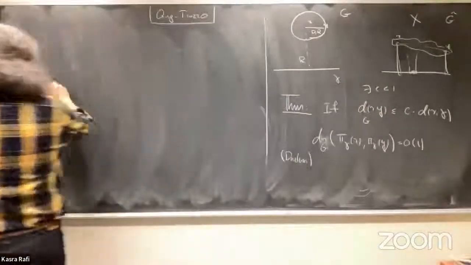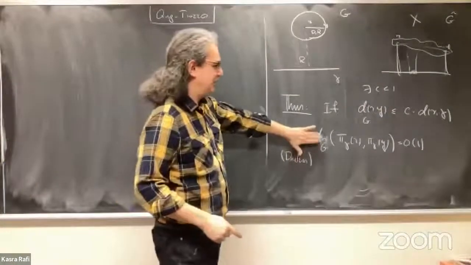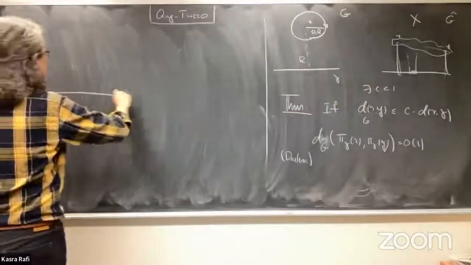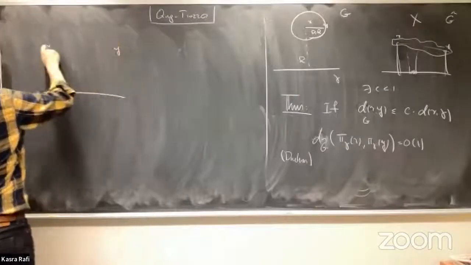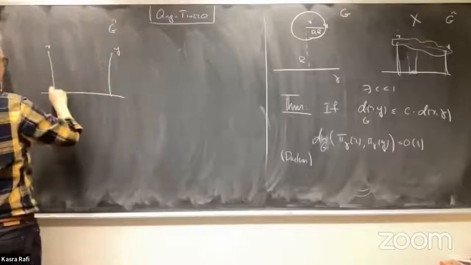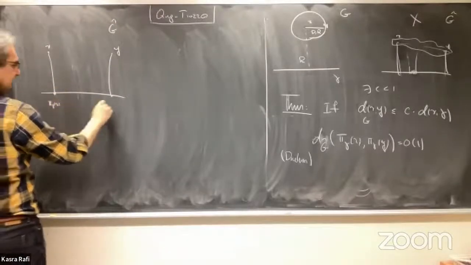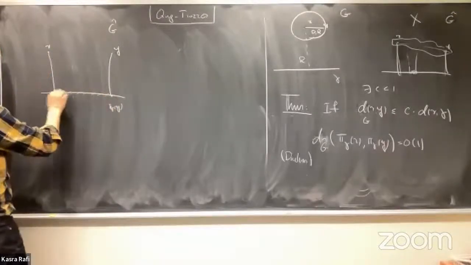So what is the proof? Let's do the contrapositive, of course, as usual. Assume this is big, and we want to prove the opposite of that. Imagine that you have X and Y whose projection in G hat is large.